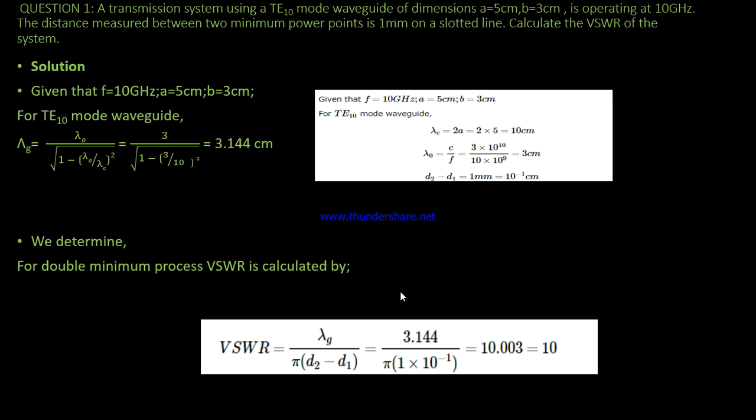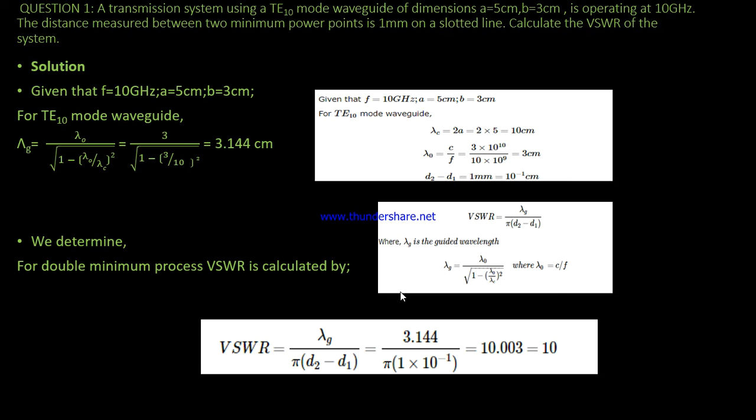So for us to now calculate the VSWR with the double minimum method, it gives us lambda g, the guided wavelength, all over pi into bracket d2 minus d1. So by the time we substitute our calculated values, we have 3.144 all over pi into 1 times 10 raised to the power minus 1. Therefore, the VSWR gives us 10.